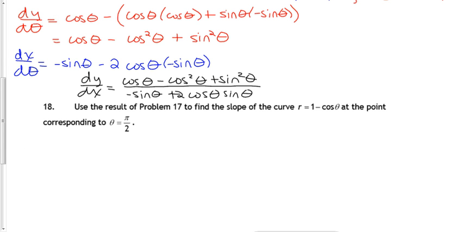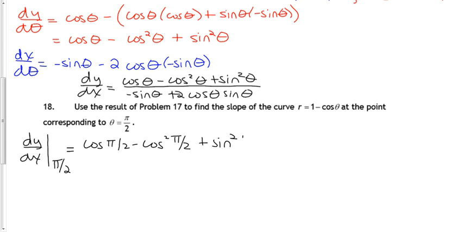I'm trying that all over again. Okay, so dy dx at pi over 2 is going to be equal to cosine pi over 2 minus cosine squared pi over 2 plus sine squared pi over 2 all over negative sine pi over 2 plus 2 cosine pi over 2, excuse me, sine pi over 2.